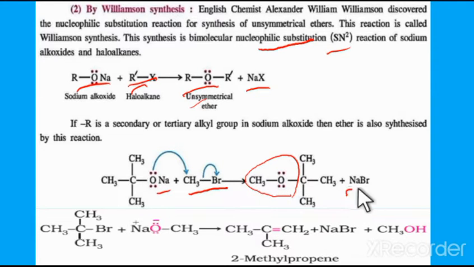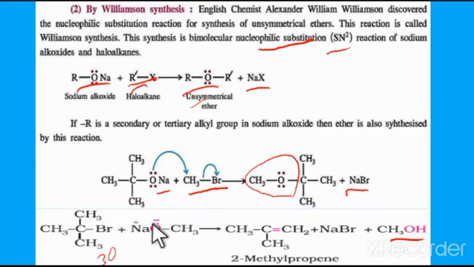In addition to that, sodium bromide can be obtained. Whereas if you take the tertiary butyl halide and the methyl sodium alkoxide, in this case the ether cannot be obtained. Dehydrohalogenation takes place in the case of this tertiary alkyl halide. So the ether cannot be obtained, and in addition to that methanol is found.